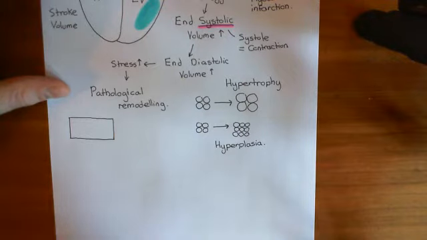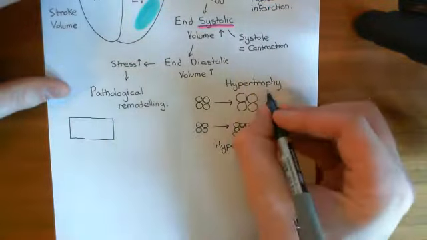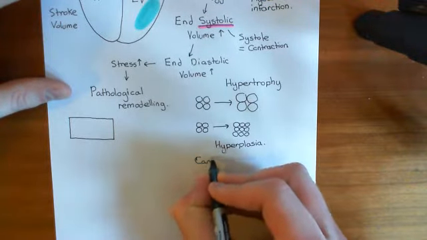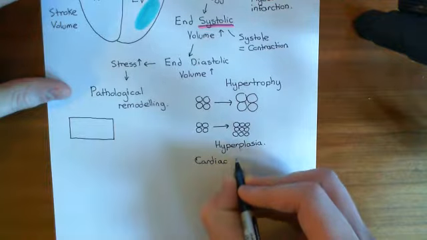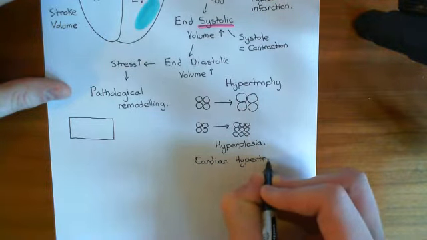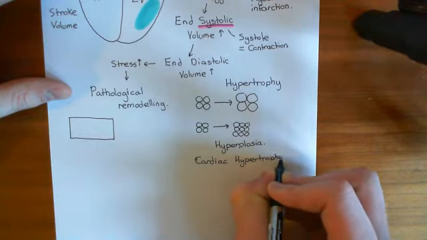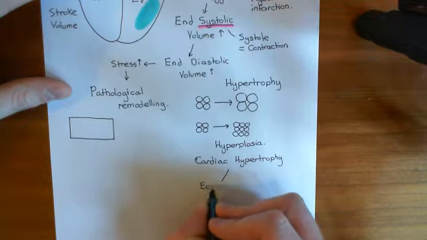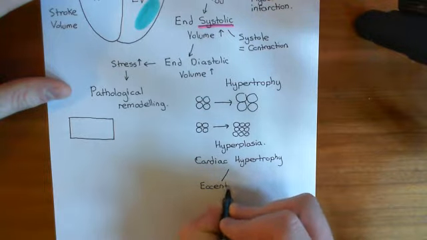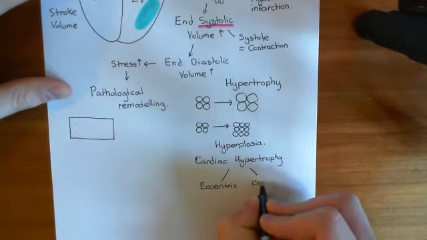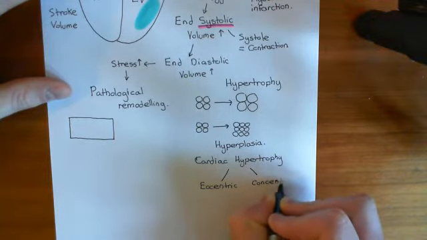Basically in the human body there are 2 ways that cardiomyocytes can hypertrophy, so cardiac hypertrophy. You can divide them up into 2 main types: a form known as eccentric cardiac hypertrophy, and also another form known as concentric cardiac hypertrophy.